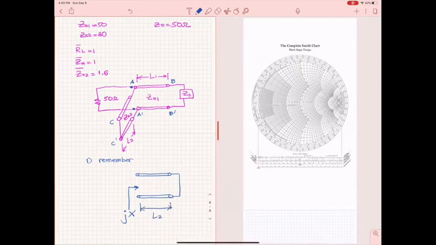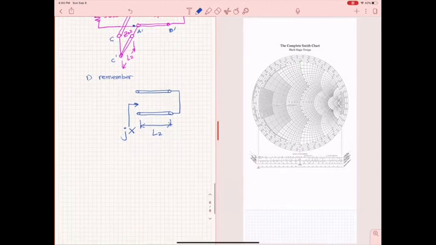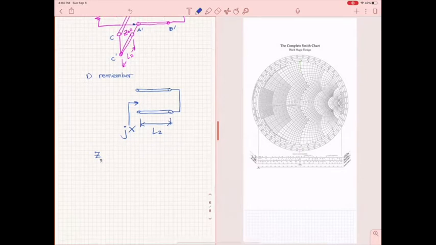Why is that? Because you remember we said that a Z input in a stub from theory, we said that ZS input is nothing else but Z naught. I will rewrite it. So it's jZ naught tangent, but I will rewrite it to show you how we get it.